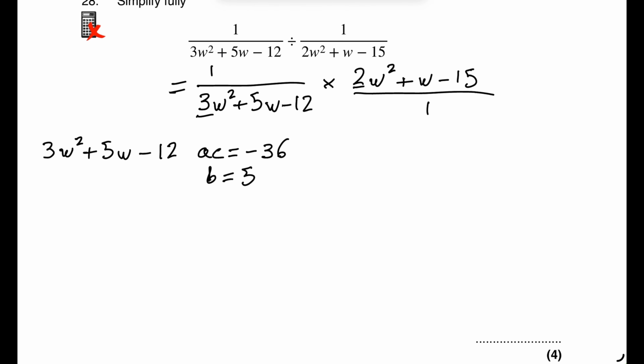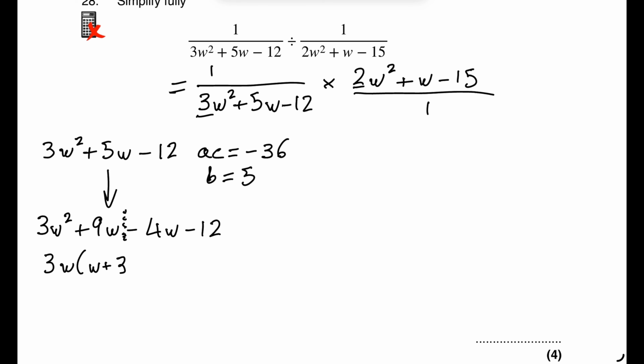So, let's split up our quadratic. We're going to have 3w squared plus 9w minus 4w minus 12. Now, I can split this down the middle and factorise each half. So that is 3w, w plus 3.